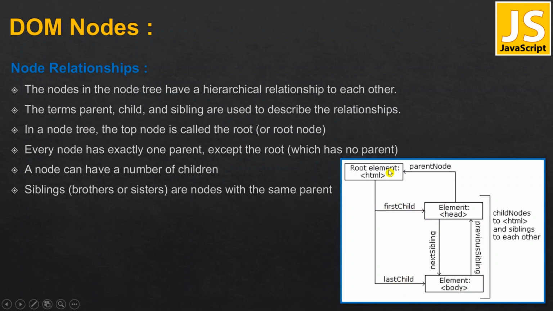From this point of view, this is the parent, and these are the sons. This is the first son, this is the last son or child. What is the relation between head and body? These are siblings. From head's point of view, body is the next sibling, and from the body element, head is the previous sibling, like an elder brother or younger brother.